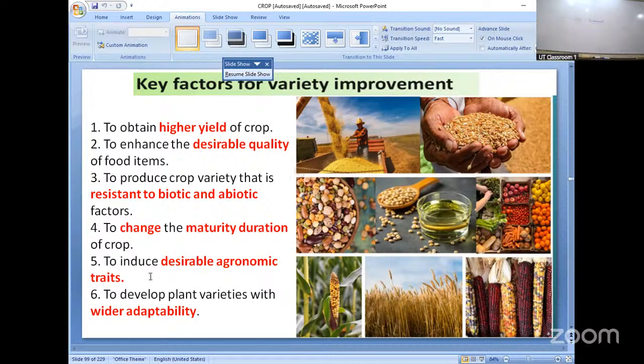We can get desirable traits. If we want better quality of wheat grains, by this GMO we can get better quality. Also better plant varieties with wider adaptability to temperature.